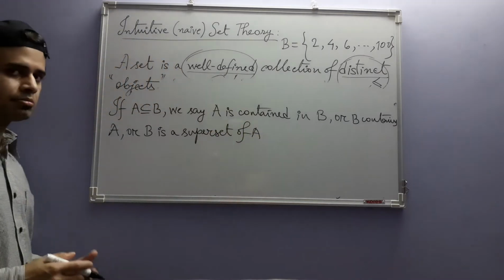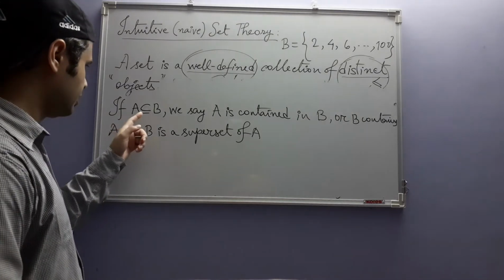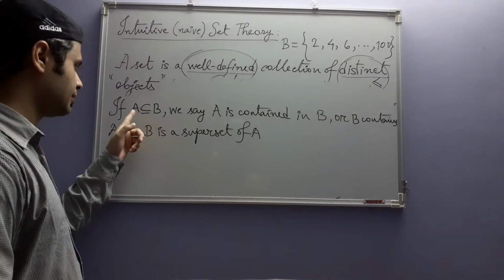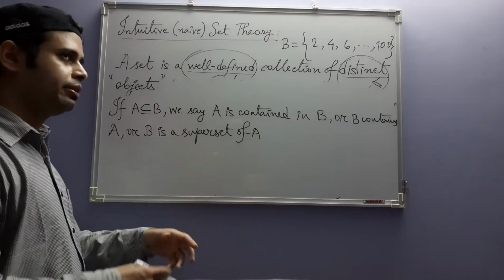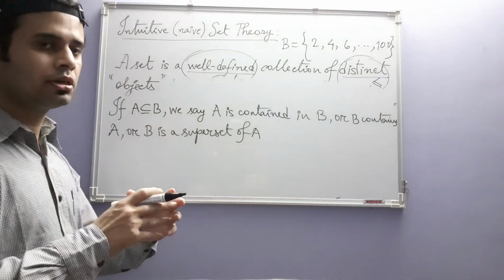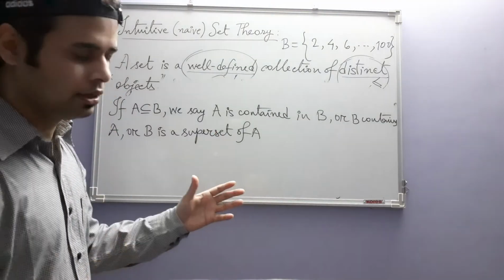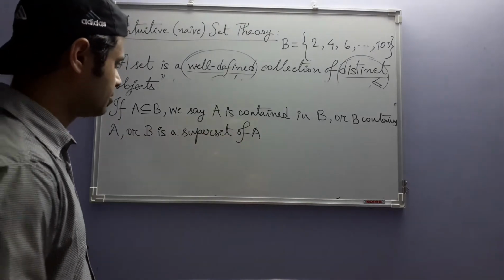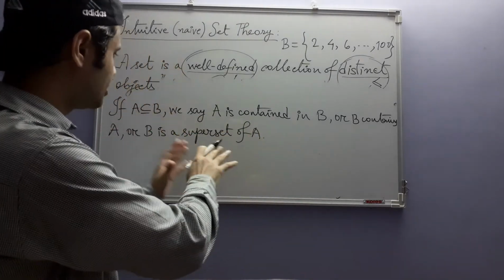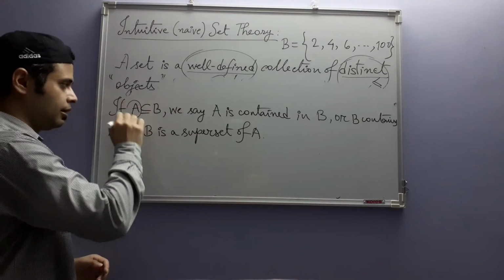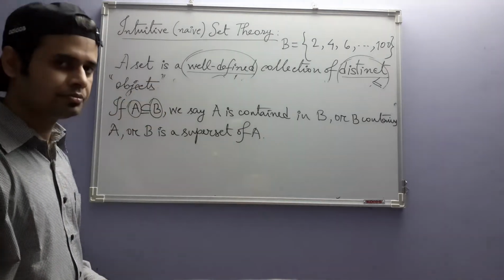It comes along with subset. When A and B are given and A is a subset of B, then B is the larger set, so it is called a superset of A. B is a superset of A. So these things mean the same thing, that A sits inside B.